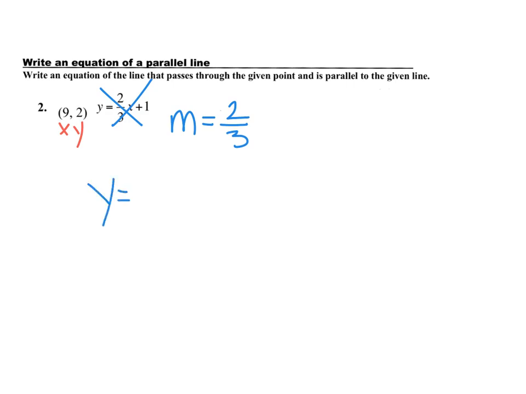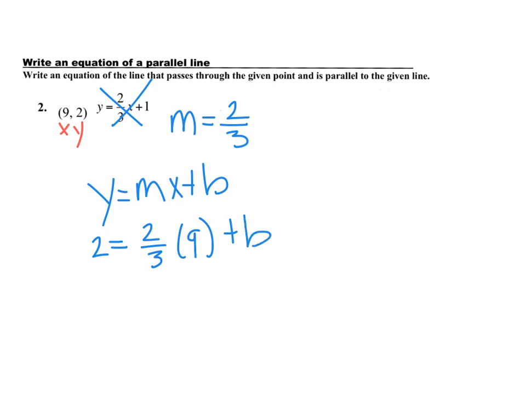So y is equal to mx plus b. And I'm going to plug in my y is 2. My slope is 2/3. My x is 9, and I have plus b. All right, 2 is equal to 2/3 of 9. 2 times 9 is 18. 18 divided by 3 is 6, plus b.